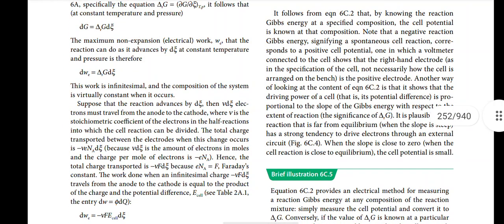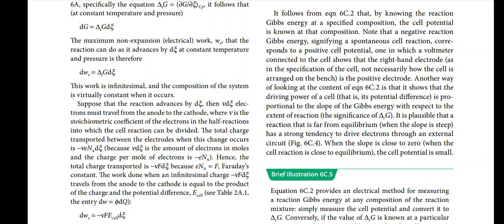It follows from equation 6C.2 that by knowing the reaction Gibbs energy at a specified composition, the cell potential is known at that composition. Note that a negative reaction Gibbs energy, signifying a spontaneous cell reaction, corresponds to a positive cell potential, one in which a voltmeter connected to the cell shows that the right hand electrode, in the specification of the cell, not necessarily how the cell is arranged on the bench, is the positive electrode.